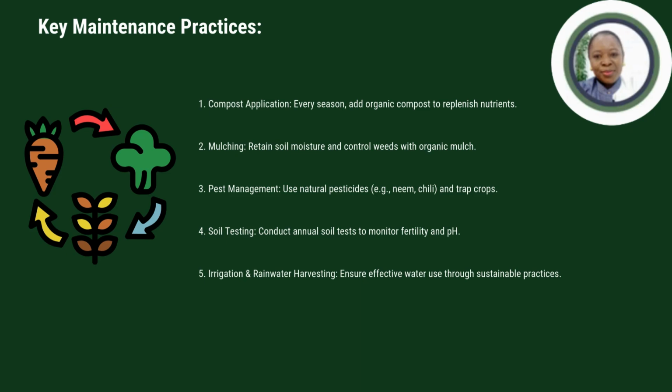Use natural pesticides such as neem, chili, and trap crops as we have discussed in earlier lessons. 4. Soil testing. Conduct annual soil tests to monitor fertility and pH. 5. Irrigation and rainwater harvesting, which I had mentioned just briefly earlier, to ensure effective water use through sustainable practices.